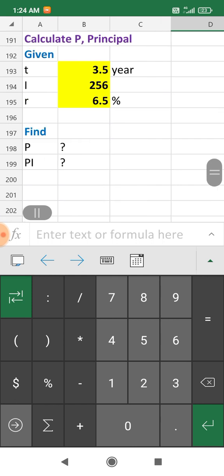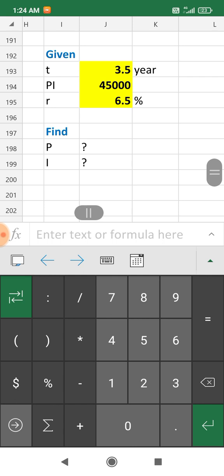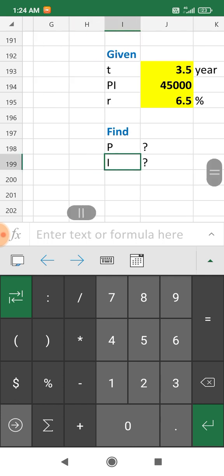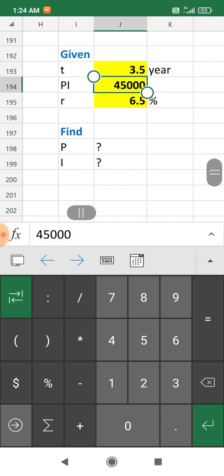Simple things. Maybe your question is given in this fashion. Instead of giving I here, you can see I is given, but here PI is given, not interest. PI is given. And in that case, this question becomes a peculiar form.